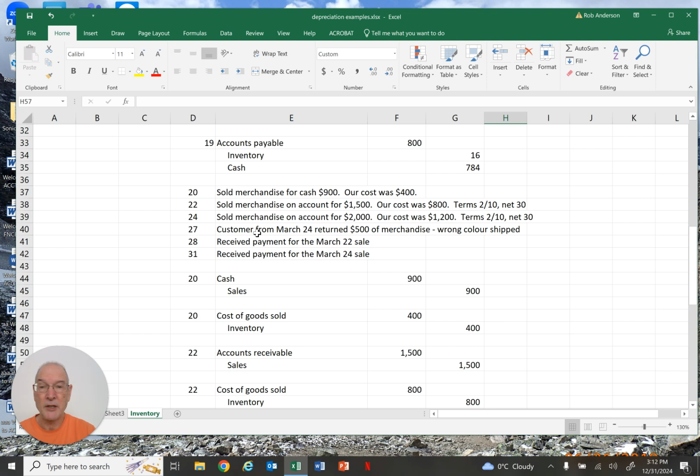Now let's look at what happened. Customer from March 24 returned $500 in merchandise. We just shipped them the wrong color. So the implication is that this would be perfectly fine, and we're going to put them back into inventory. But first, let's do the entry for the return of $500.